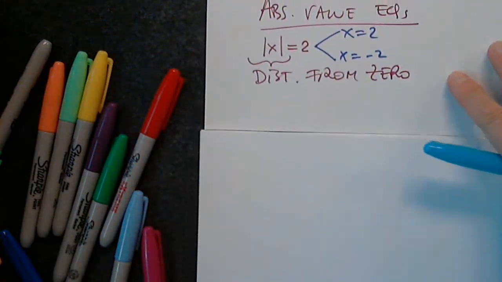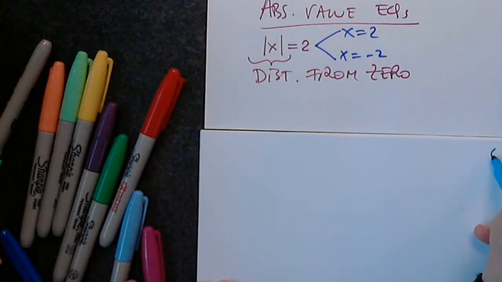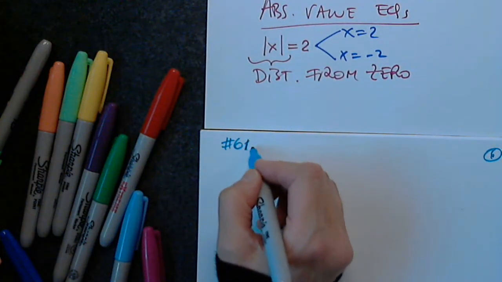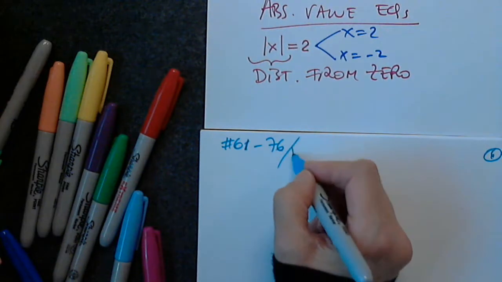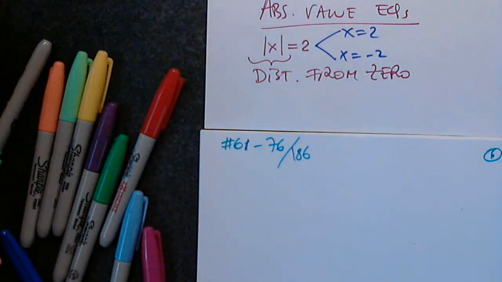So now we can choose anything you like from 61 through 76 on page 186. And then I would like to apply any of this, anything, in a word problem, so we understand why we do this. Let's do 65.